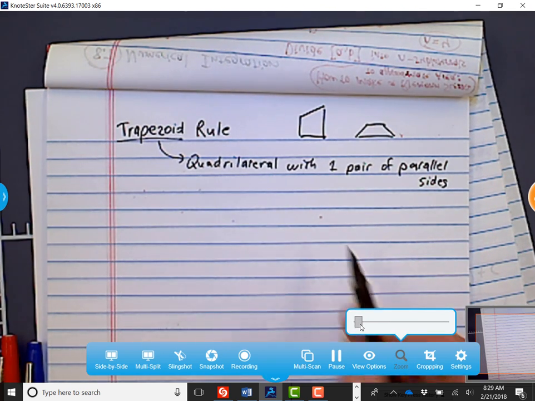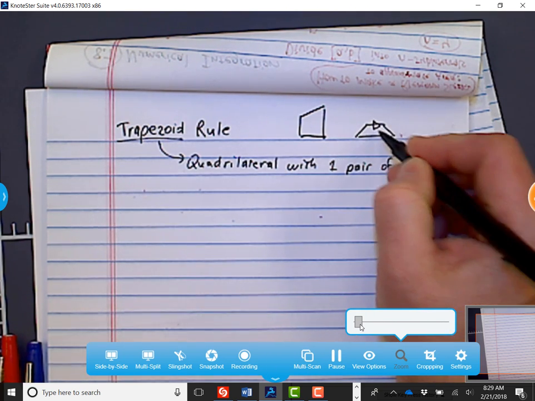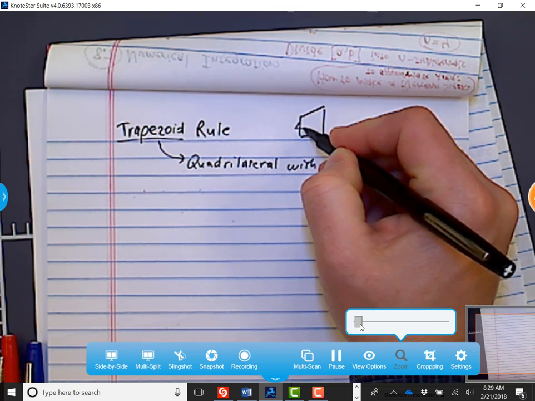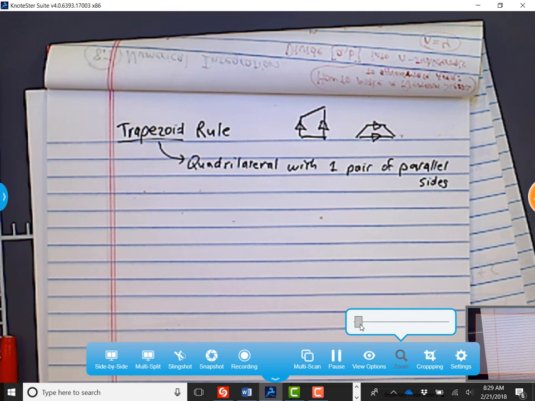So, with this in mind, the standard picture that people draw is usually this one. But the one we're going to use more often today, the parallel sides are going to be vertical on our picture.